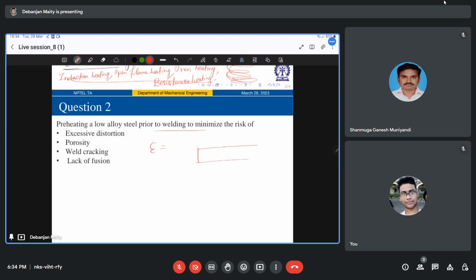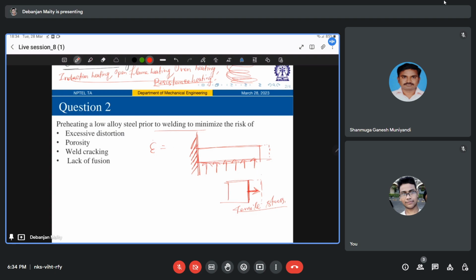Let's say you have a metal plate like this, and this side is fixed, and you are applying uniform heating over the surface. It will try to expand, right? Whenever it is trying to expand, what kind of stress are you getting? At the end, you will get some tensile stress, right?